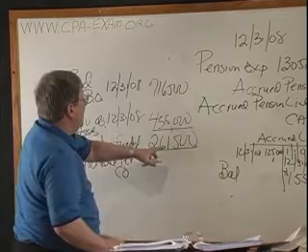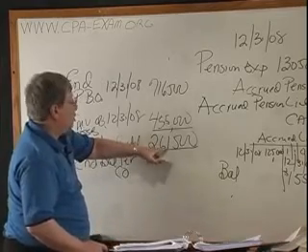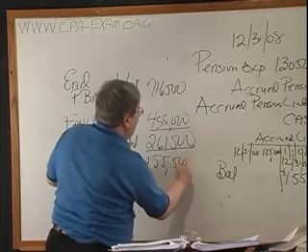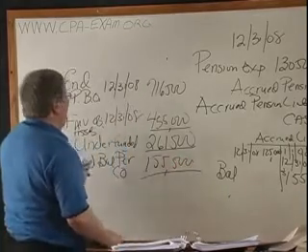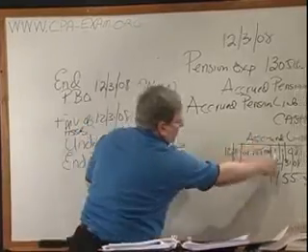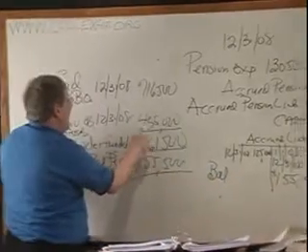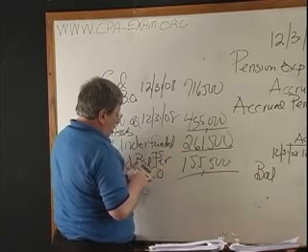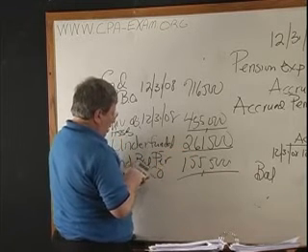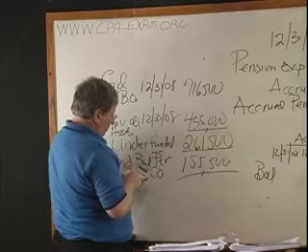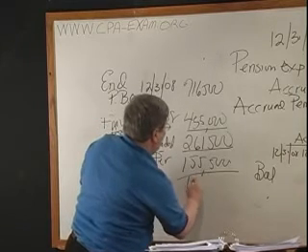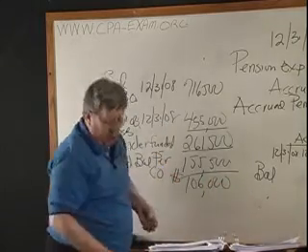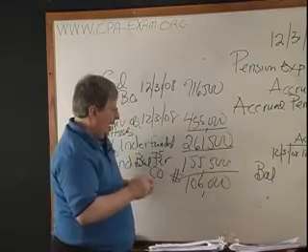Here is the ending balance per the actuary. So therefore, we have to bring our ending liability up to what the actuary says it should be. So we subtract $155,500 from $261,500, and we get $106,000. So we have to increase our liability by $106,000.